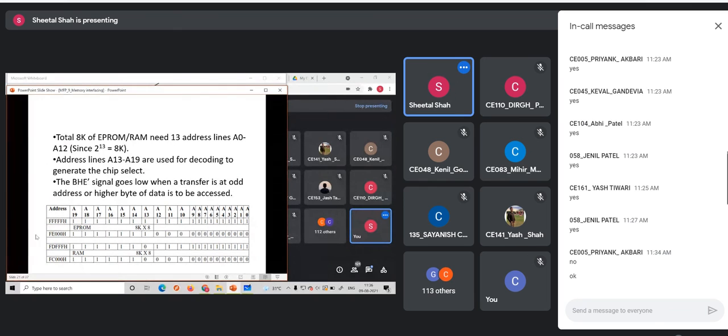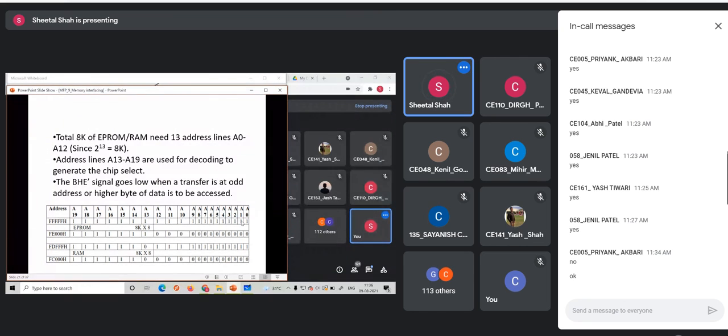Followed? As we know, the ROM should end at FFFFF, so we know the ending address. A19 to all these ones represents the FFFFF.